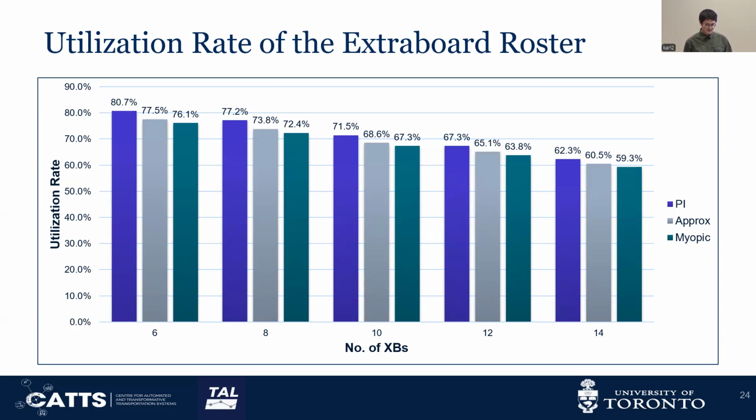So for example, out of an 8-hour shift, if they just have 4 hours of productive work, then that's a utilization rate of 50%. We see that as you increase the number of extra boards, the expected utilization rate goes down across the board.